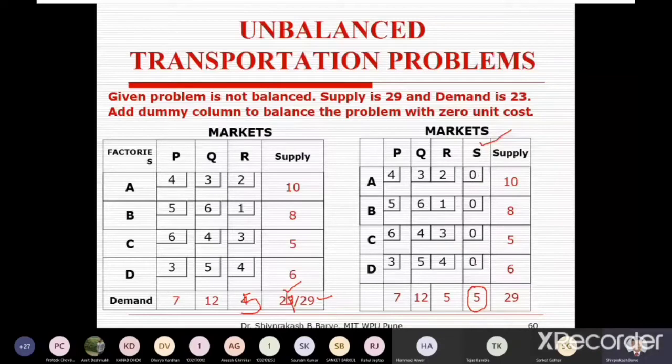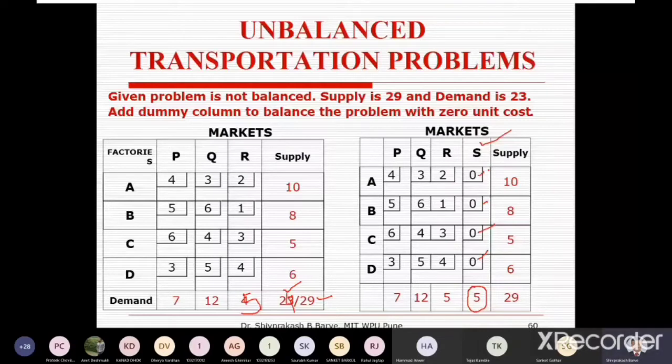What does this represent? If I want to supply from plant A to warehouse S, it requires 0 rupees transportation cost for 1 unit. So it is not possible. It is a dummy only to balance the problem, and we have purposely taken these values as 0, because when calculating the total transportation cost, because of this 0 assignment, the transportation cost becomes 0 and it will not add any value to the total transportation cost.